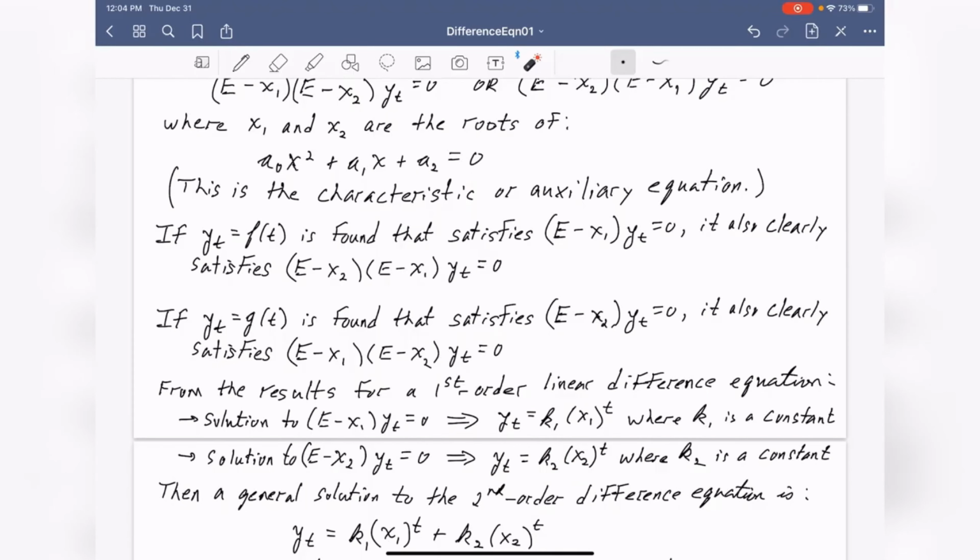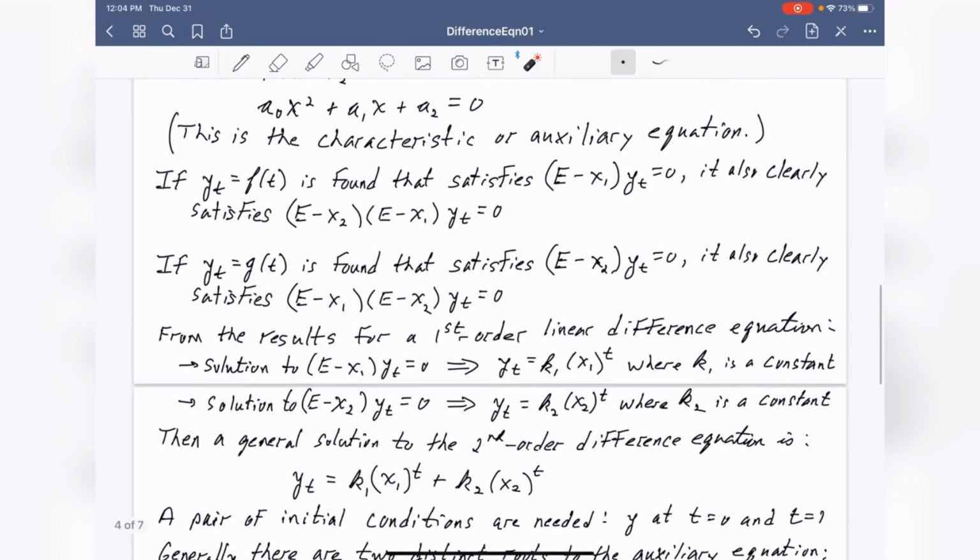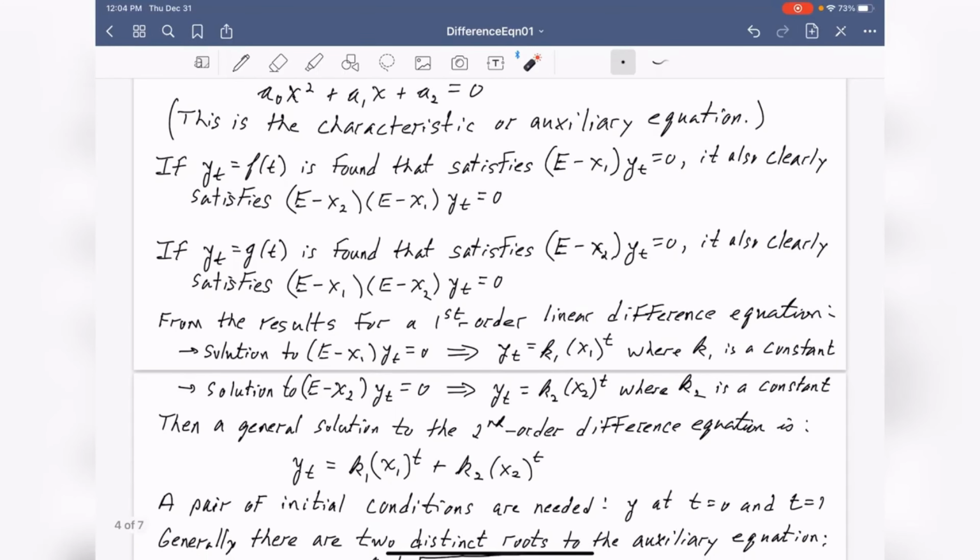So then a general solution to the second order difference equation is given by yt equals k1 x1 to the power t plus k2 x2 to the power t. Note that x1 and x2 are solutions to the characteristic or auxiliary equation up here.